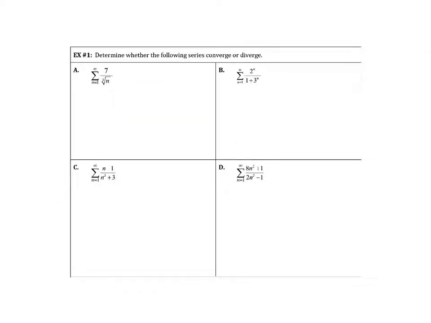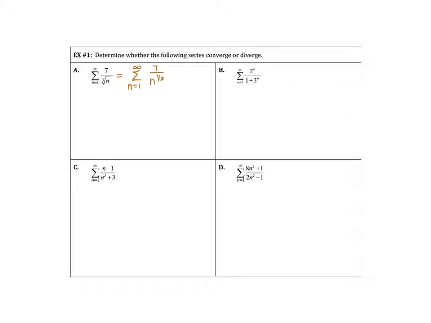All right, so let's look at part A and use that direct comparison test. And so for A, you have the series 7 over the cube root of n, and it might be a good idea to go through n equals 1 to infinity of 7 over n raised to the 1/3.